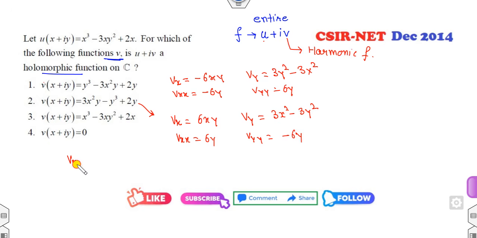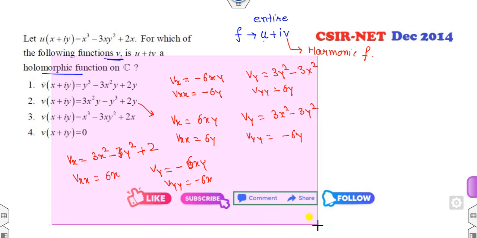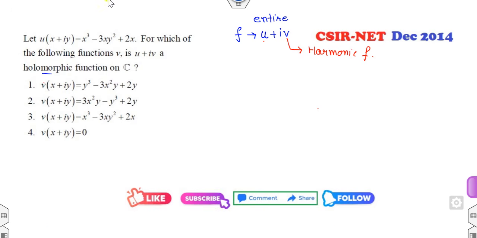Look at the third property, vx is 3x square minus 3y square plus 2, vxx 6x. What is the vy? Minus 6xy, vyy minus 6x, all satisfied, 0 all satisfied. So this result is not by harmonic, you can't discard them.